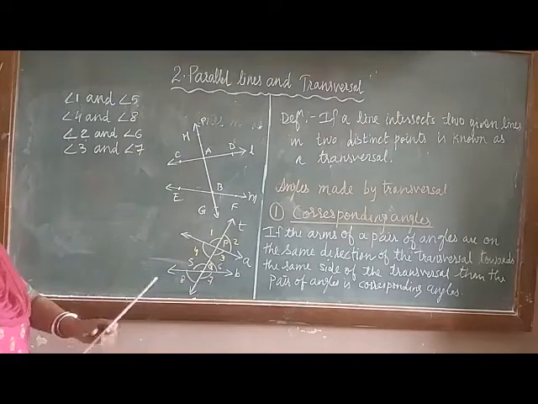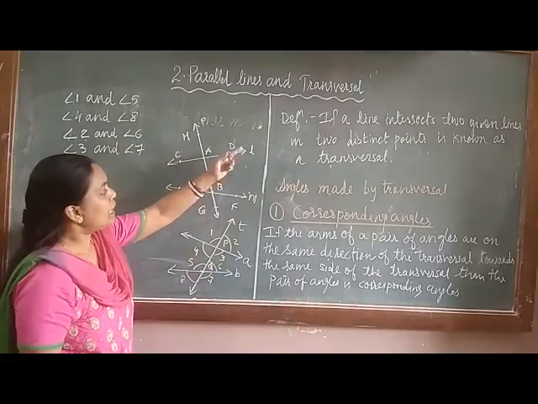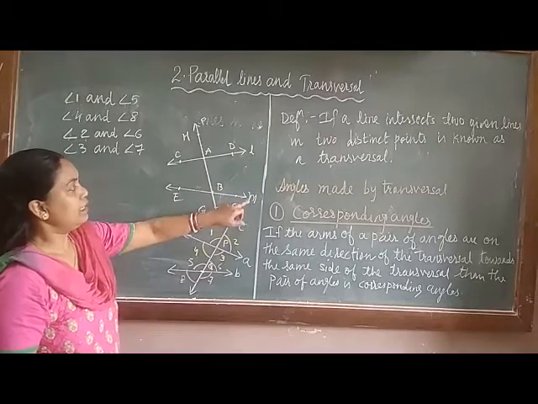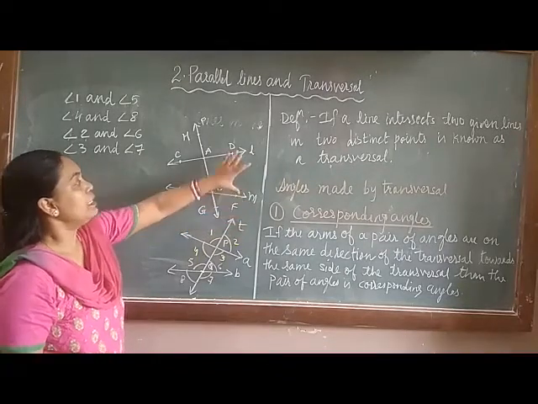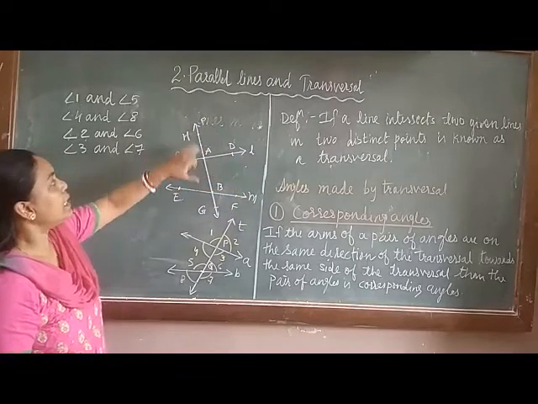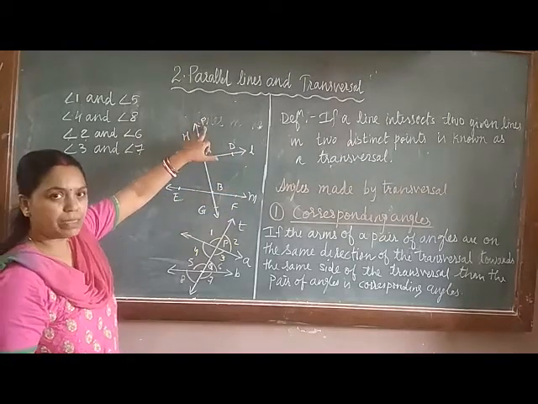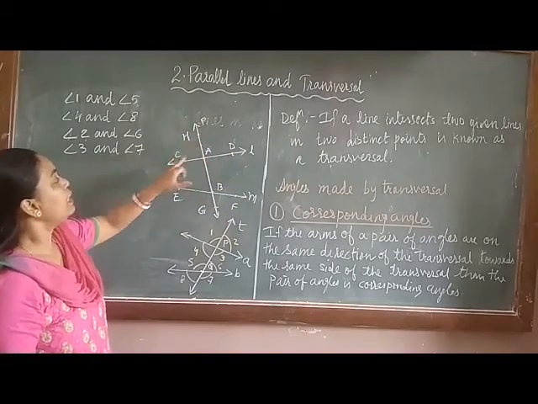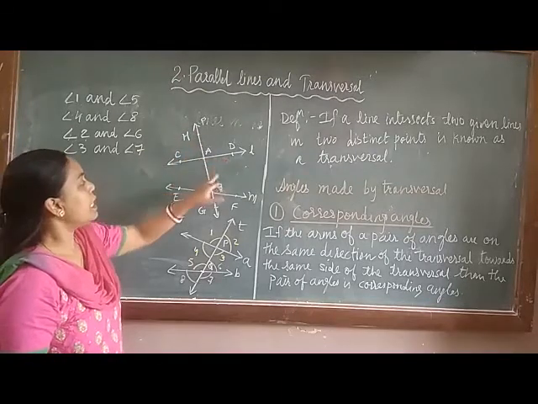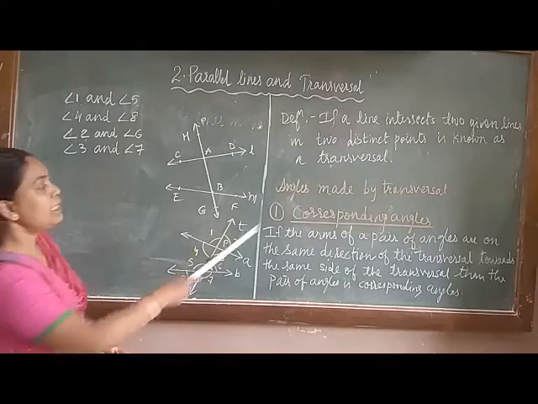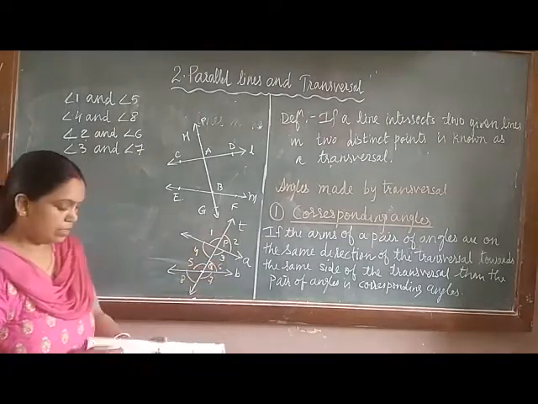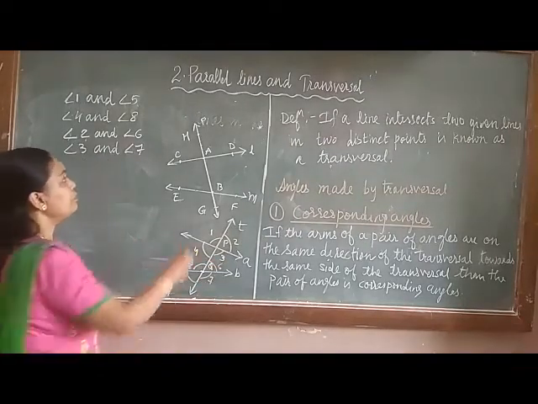So you can understand now the name of the line is L, the name of the line is M. These two are intersected by the transversal, that is P, and we can name the angles by alphabets. Now, naming the corresponding angles. How will you do it?